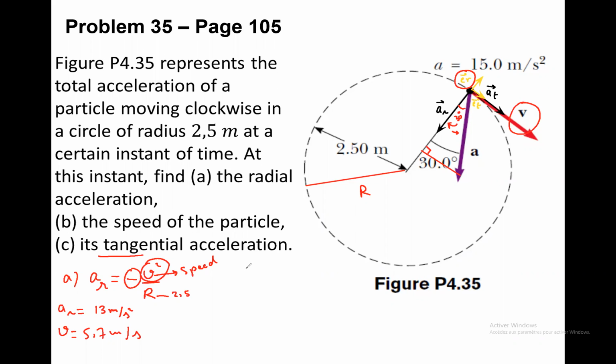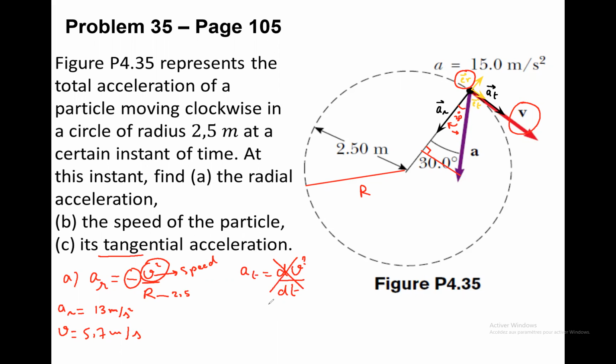If you say a tangent equals dv over dt, can you calculate it? No, because you don't have the expression of v in terms of t. So we cannot use this equation to calculate at.